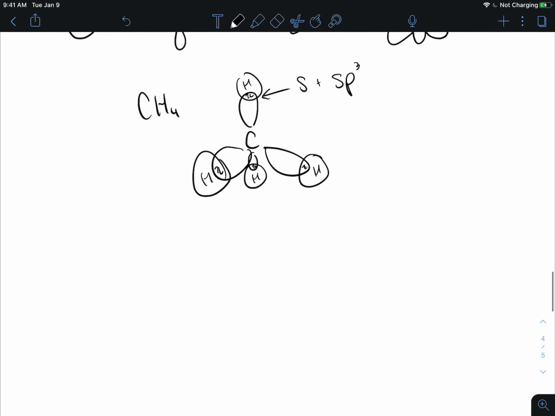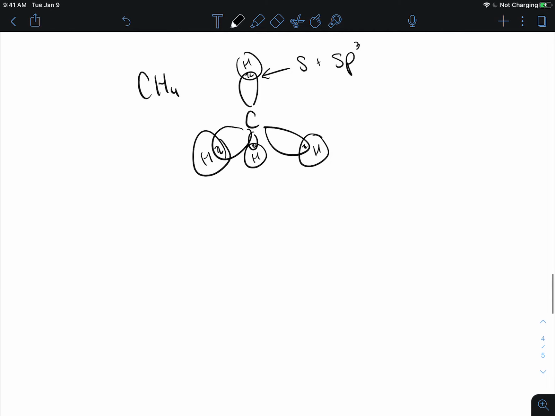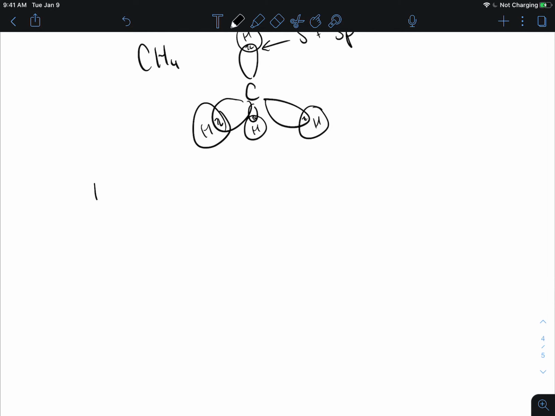So what happens is, when we think about what orbitals exist, we think about our one s orbital, then we have three p orbitals. We can combine these to form our bonds. Every time we add them together, we get different characteristics based on how much of the hybrid comes from s and how much comes from p.